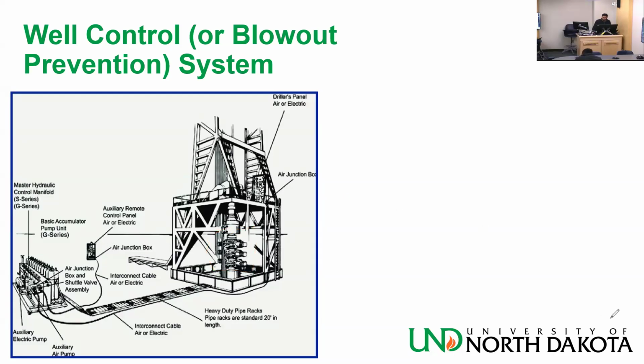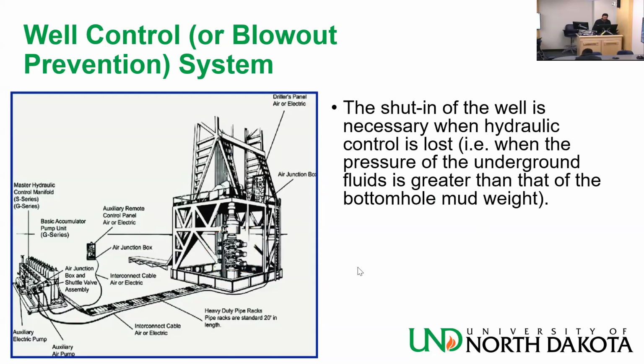Anyway, so this is a very basic schematic of the blowout prevention system. The shut-in of the well is necessary when hydraulic control is lost. That's basically when you have a kick, when the pressure of the underground fluids is greater than that of the bottom hole mud.